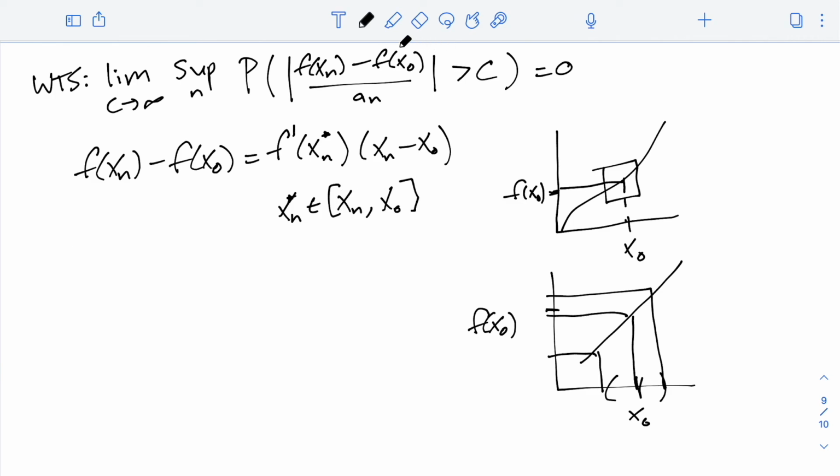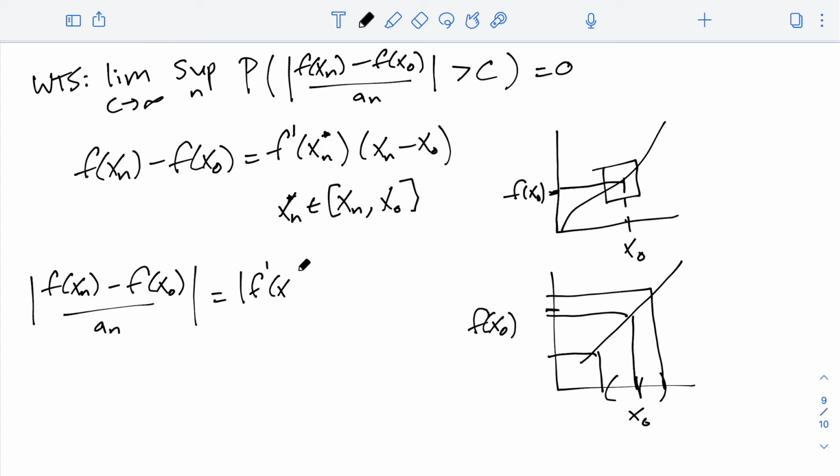Now let's look inside here, and this tells us that (f(xn) minus f(x0)) over an is equal to f prime of x star n times (xn minus x0) over an.